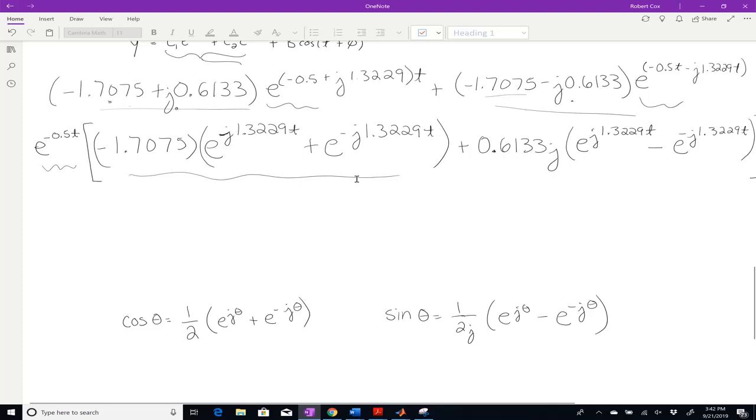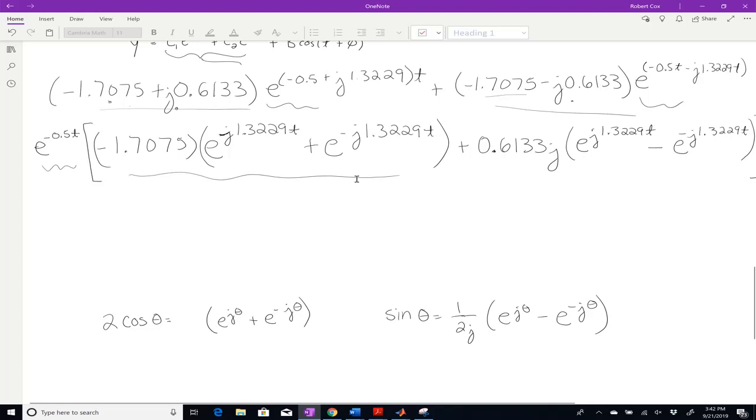Okay. So what I can see here is I clearly have an e to the j something t plus e to the minus j something t. That's very similar to this, except I don't have that 1/2. So one thing I could say is that 2 cosine theta is equal to that guy.